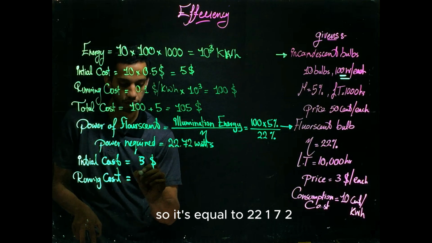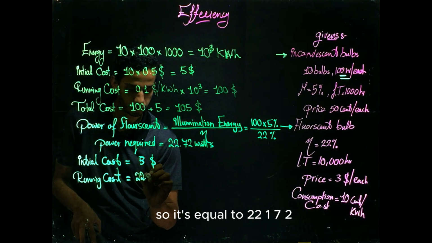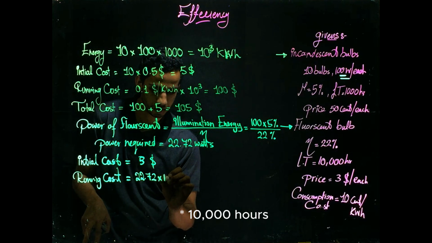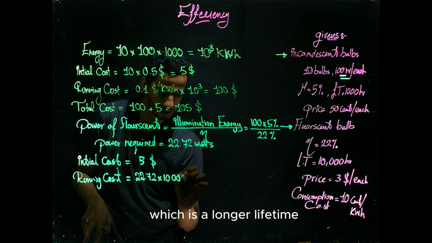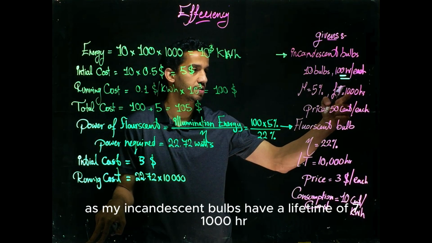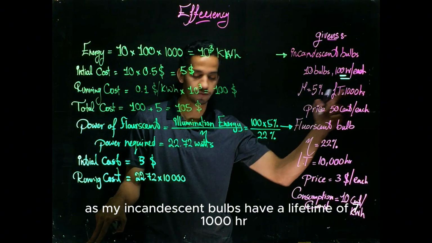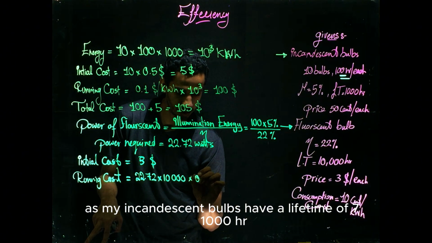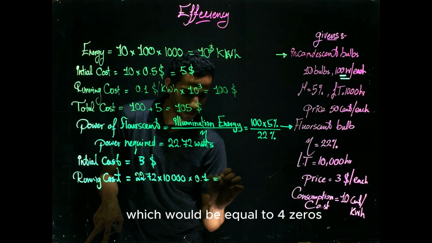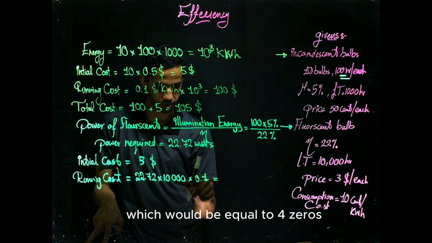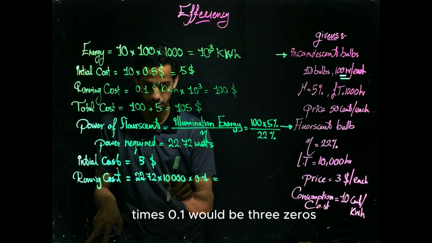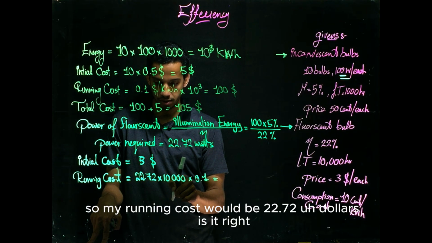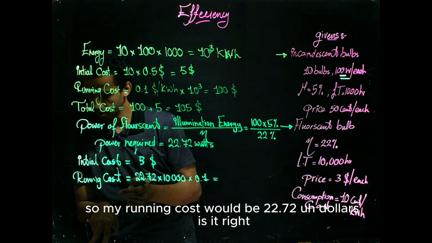So it's equal to 22.72 times 10,000 hours, which is a longer lifetime, as my incidence bulbs have a lifetime of 1,000 hours, times 0.1, which would be 4 zeros times 0.1 would be 3 zeros. So my running cost would be $22.72.